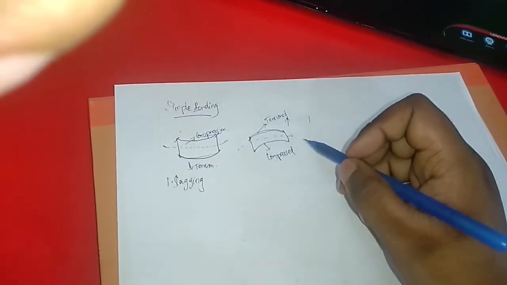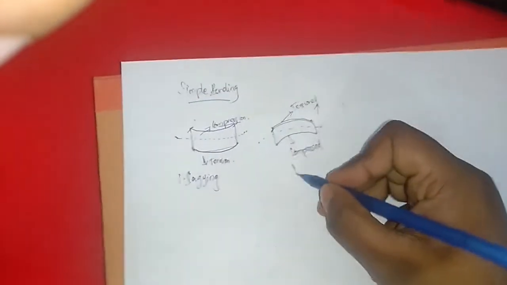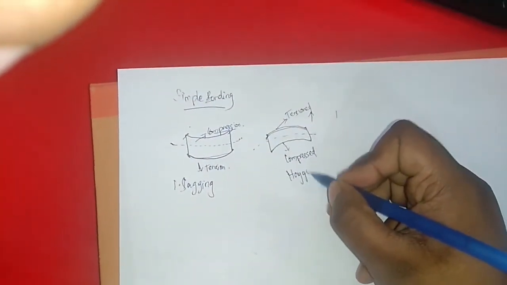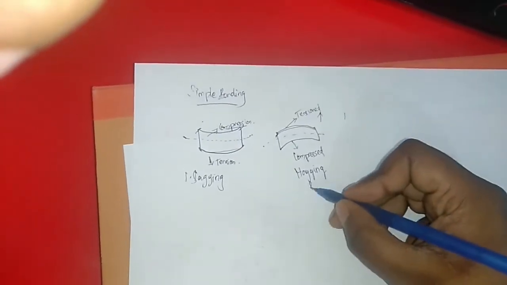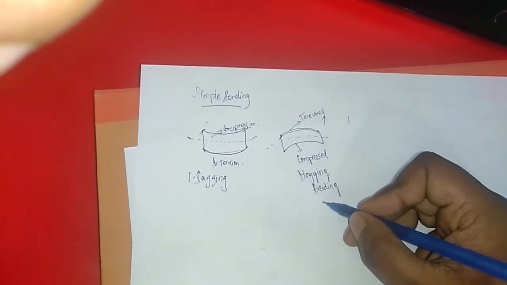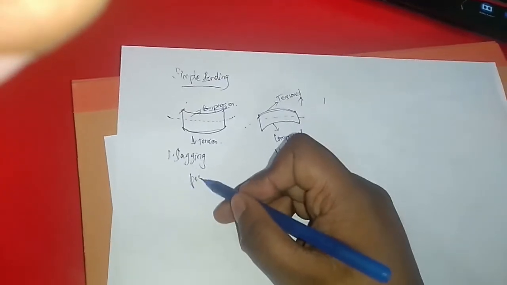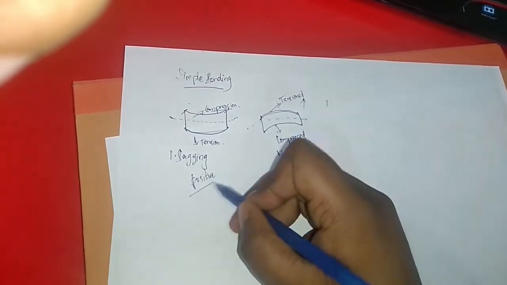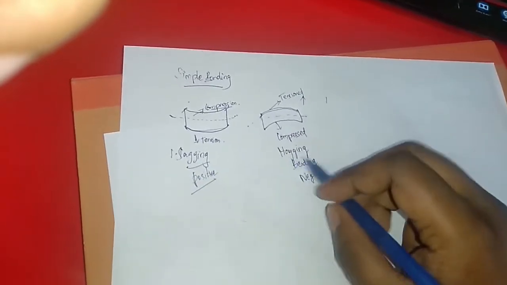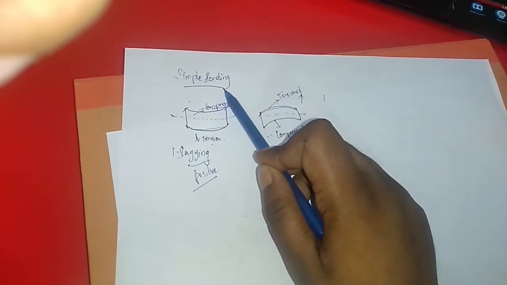It is neither tensioned nor compressed. This type of beam is called a hogging bending moment beam. It is also called negative bending moment, and sagging is also called positive bending moment. These are the two types of bending in simple bending.